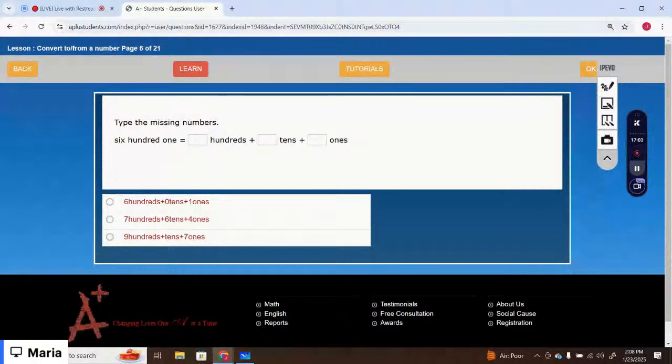Type the missing number 601. So, which is the correct option? 601.